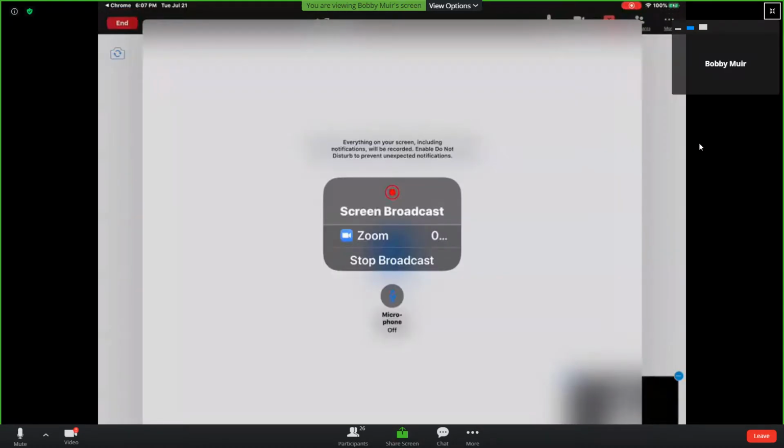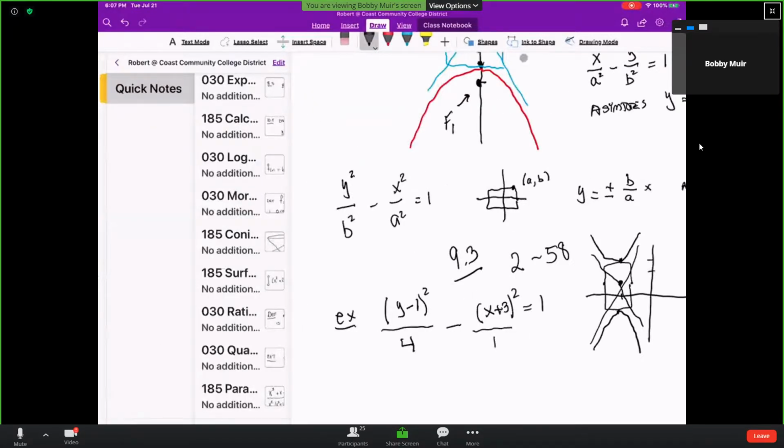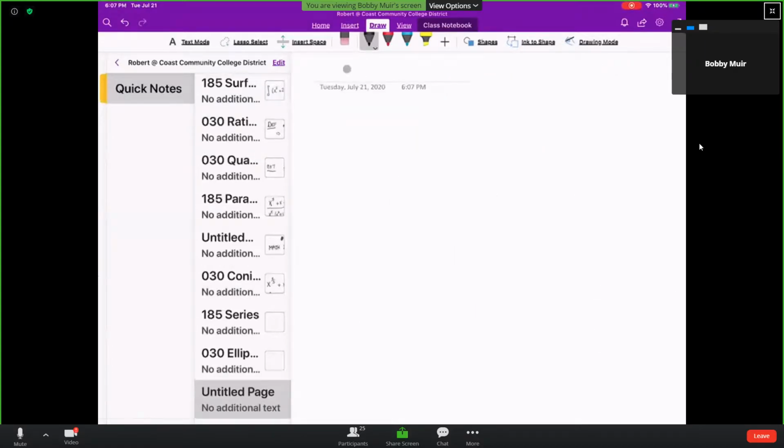Okay, so let's share the screen here. And we were talking about hyperbolas and parabolas today, and ellipses, all those conic sections. So a new page for today.